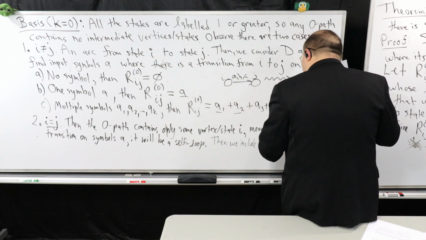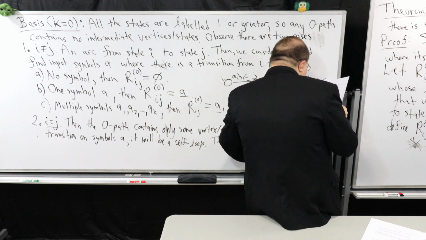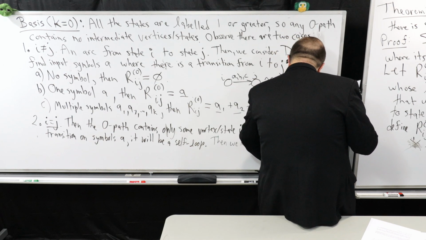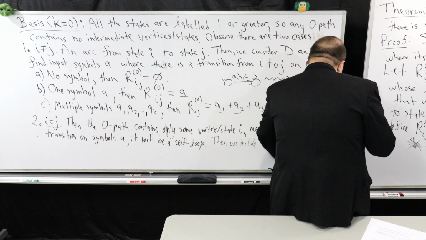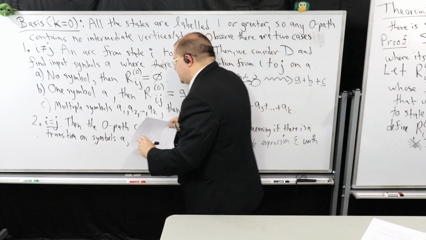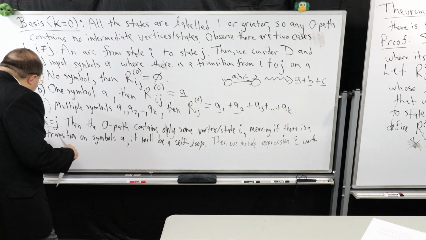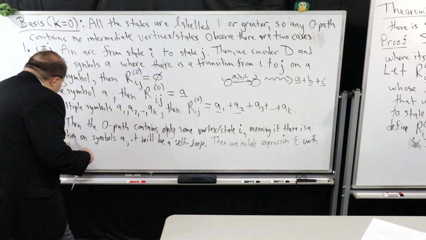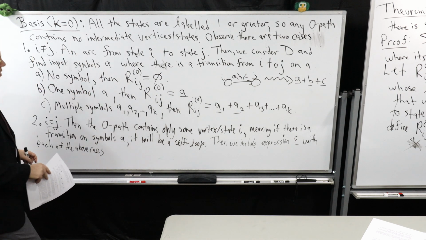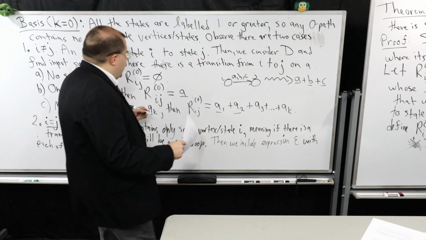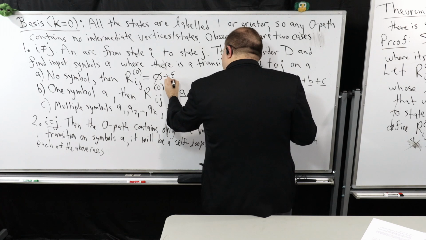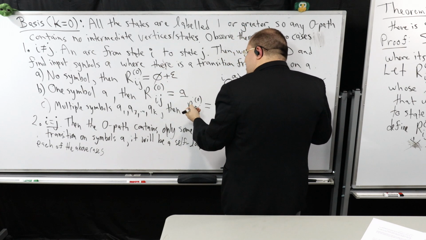That's what this is going to function as. Then we include the expression epsilon with each of the above cases. What I mean is that you just add epsilon here if you have no input symbol.